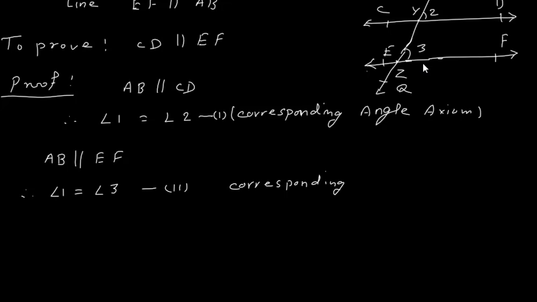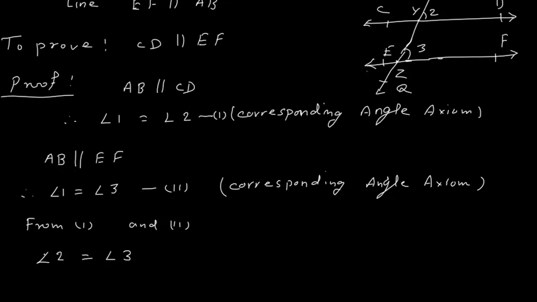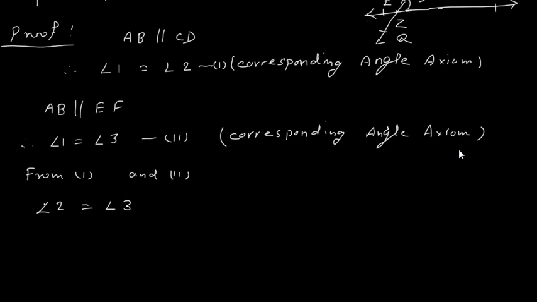Now from 1 and 2, angle 1, angle 2 equal, angle 1, angle 3 equal. So we can say that angle 2 is equal to angle 3. Now angle 2, angle 3, they are corresponding angles and they are equal. So therefore I will say that CD is parallel to EF.